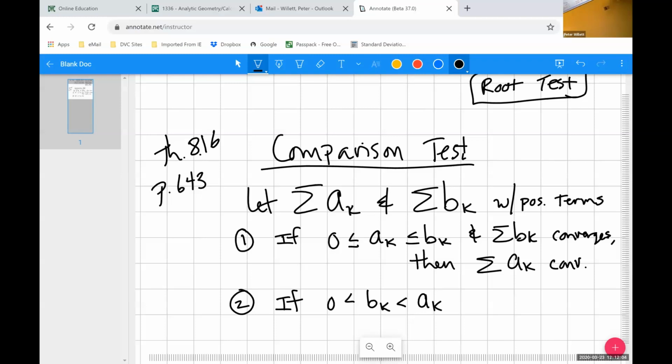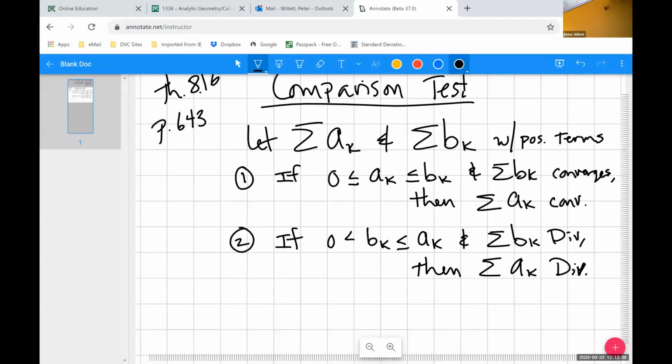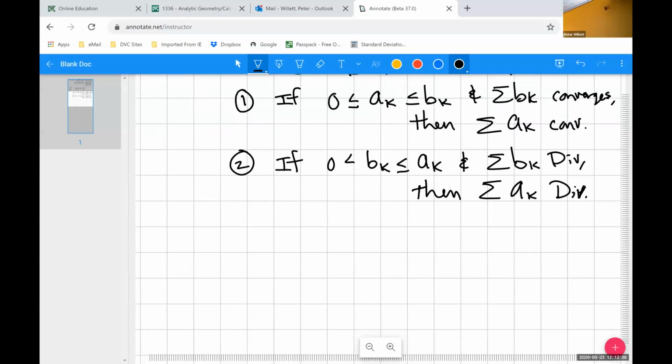So if we have a new series of a sub k's, and each term is greater than or equal to some other series b sub k, and we know that the series of the b sub k's diverges, then our new series of a sub k's must also diverge. We did just look at an example to warm up to this idea, but let's look at another example that we could apply this to.